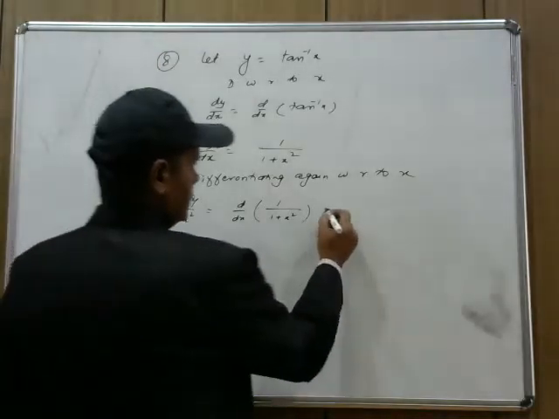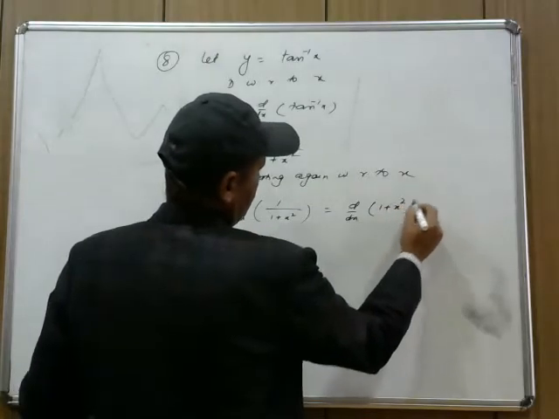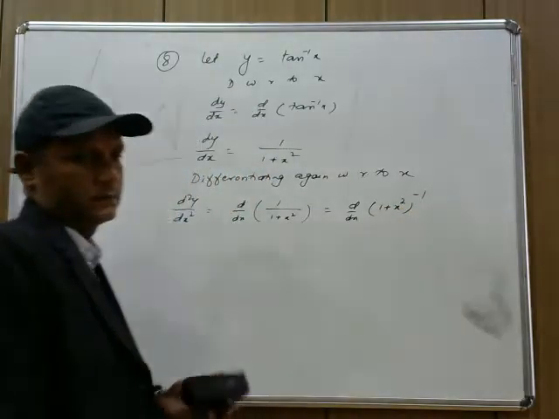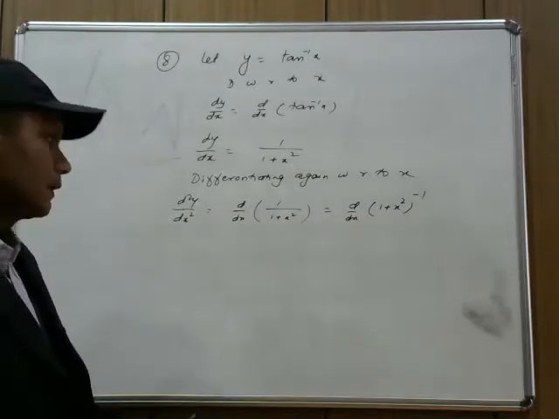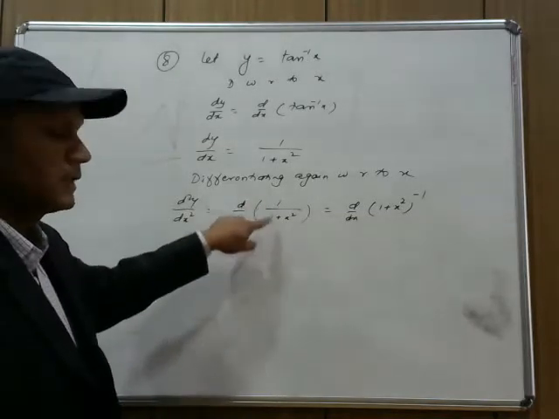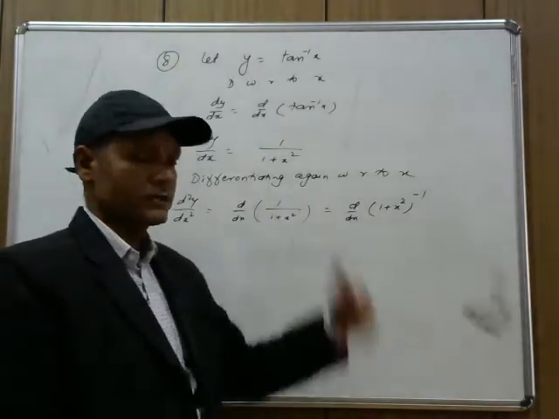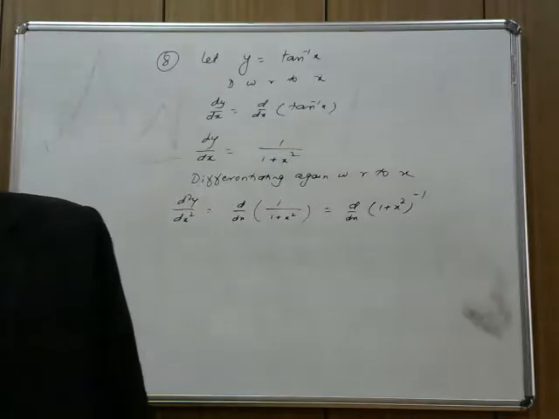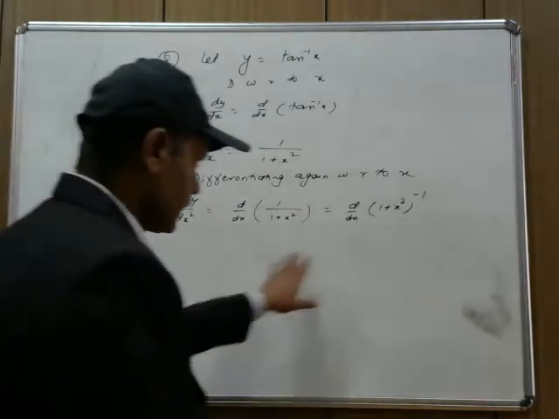This I can write as differentiation of 1 plus x square to the power minus 1. This is one way. Or if I am differentiating here only, then I have to go for the quotient rule, f upon s.